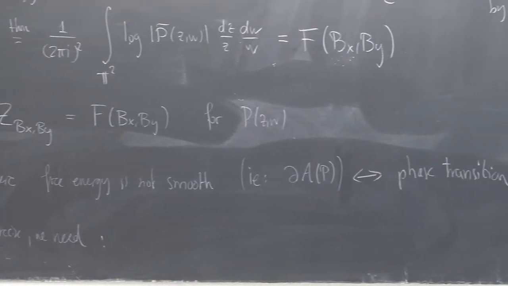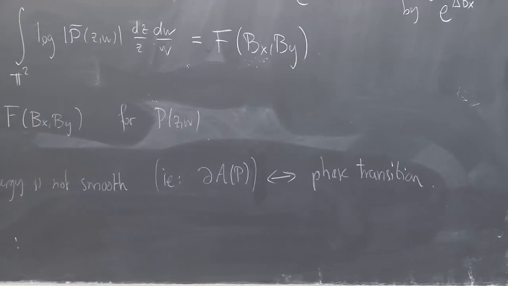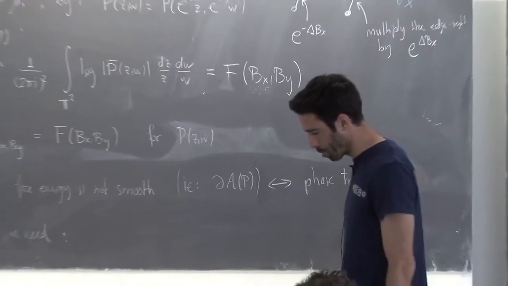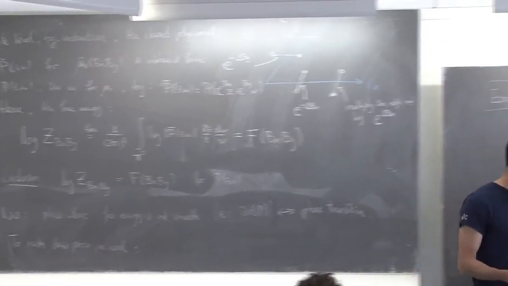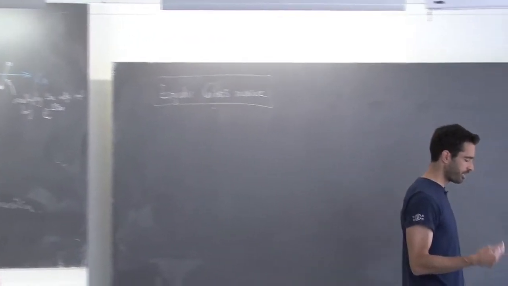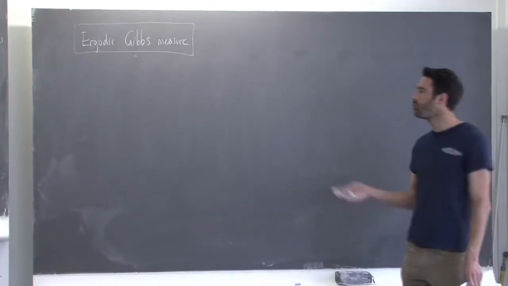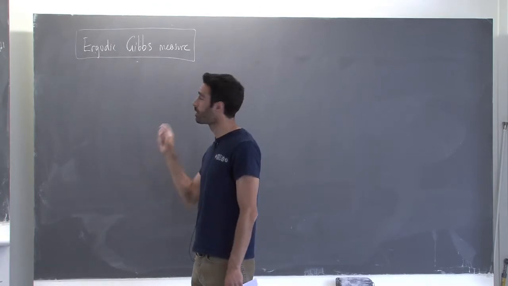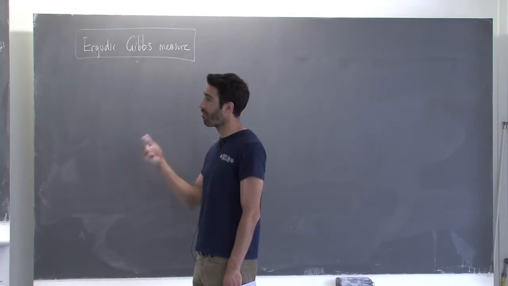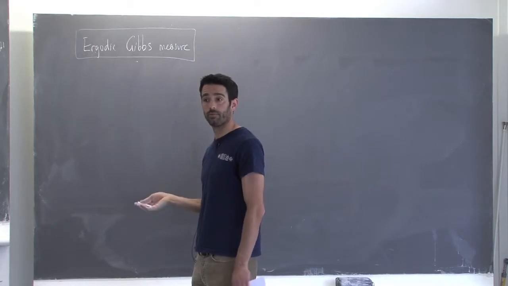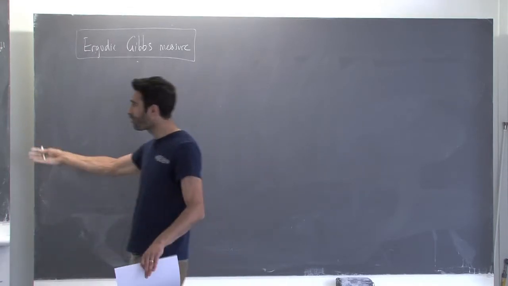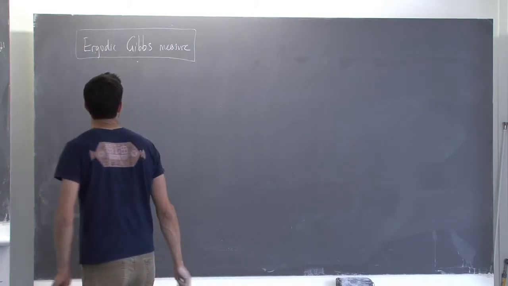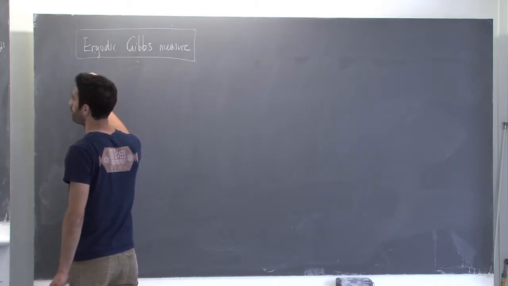Why do we need this? Well, if you want to make the notion of phase transition precise, then you need to be working in infinite volume, right? So far, we always looked at probability measures on a finite graph, right? But now we're going to have to work with the full biperiodic graph, and for this you need this notion of Gibbs measure.